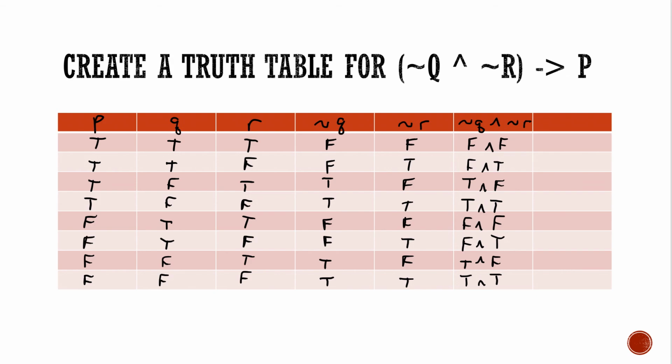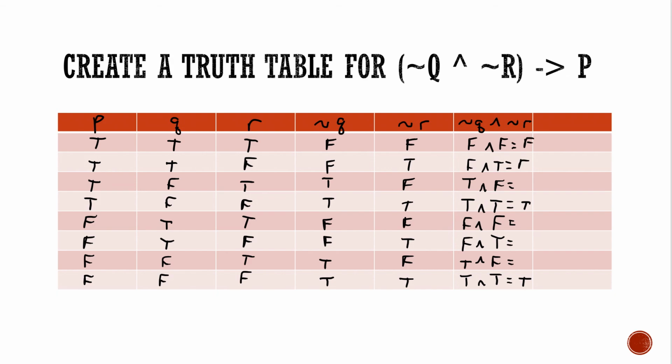All right, so now I need to write the answers for these 8 statements. So these are and statements. Remember that the only way an and statement can be true is if both statements are true. In every other case, an and statement is false. So we have 2 of them where it's true and true, and then all of the other ones will be false.